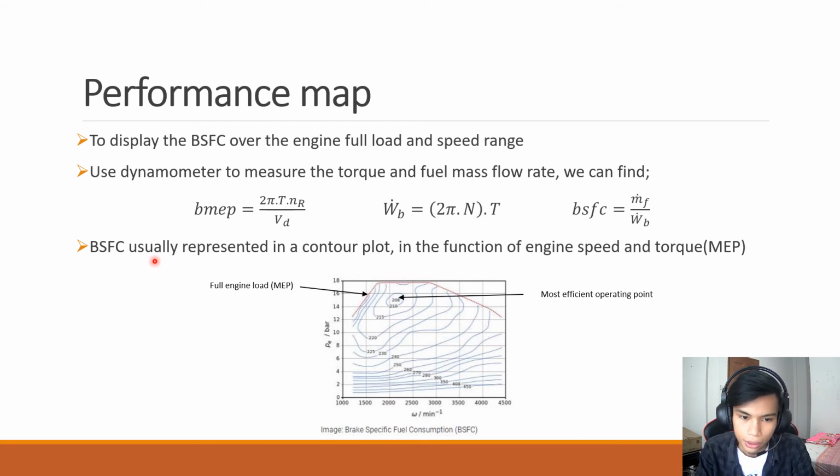BSFC is usually represented in a contour plot as a function of engine speed and torque. On this diagram, the red dotted line shows the full engine load or maximum MEP, while the second arrow shows the most efficient operating point of the engine.